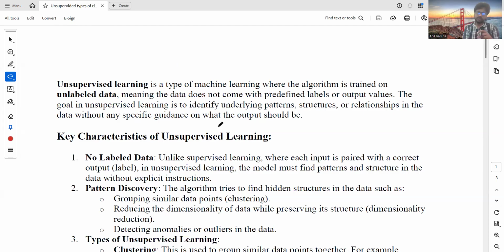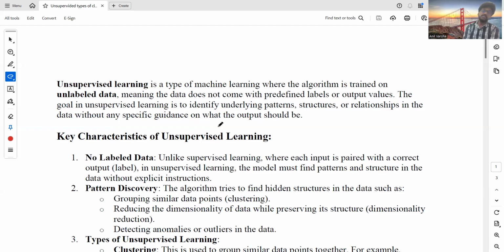But for that, the model should be adequately trained by feeding a huge number of dog and cat images. After adequate training is provided, the model will be able to perform the intended task, that is taking the given image and classifying it into dog or cat. That is supervised learning. There's a label dog, there's a label cat. When an image is provided during training, it is already labeled.